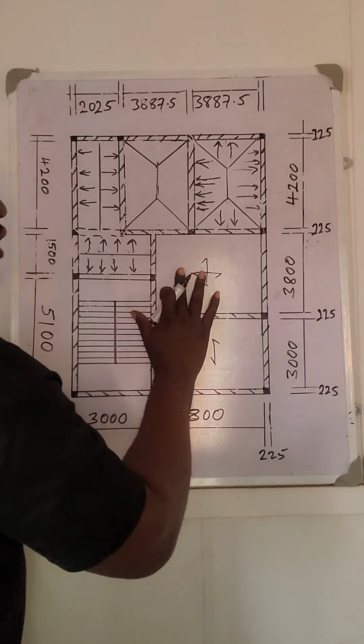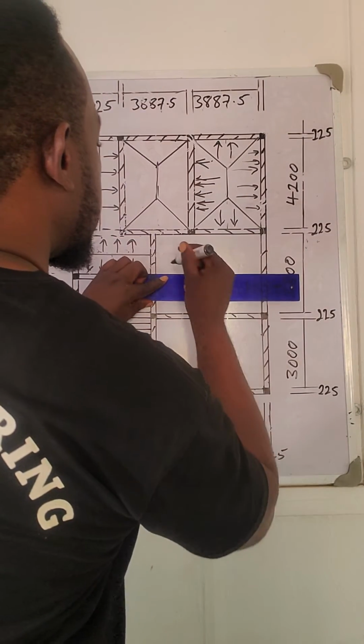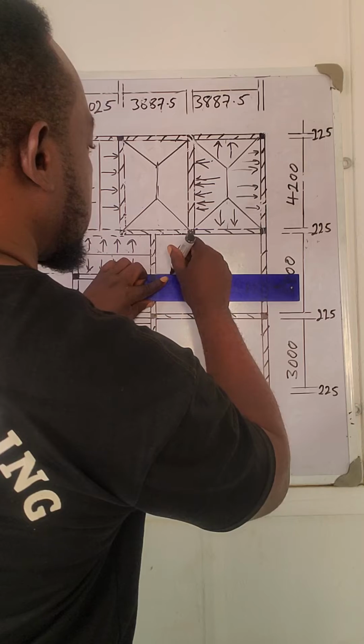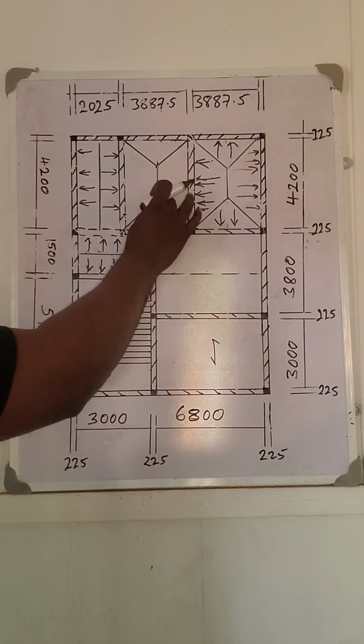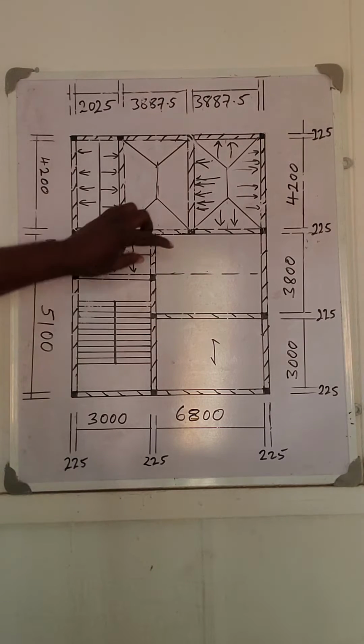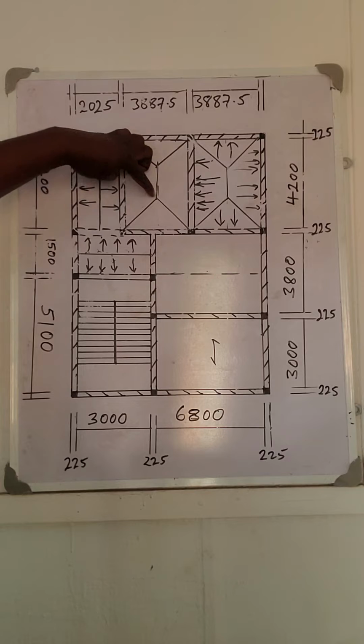Let me first of all get the center out. Note, this triangular shape is at an angle of 45 degrees from the corners.